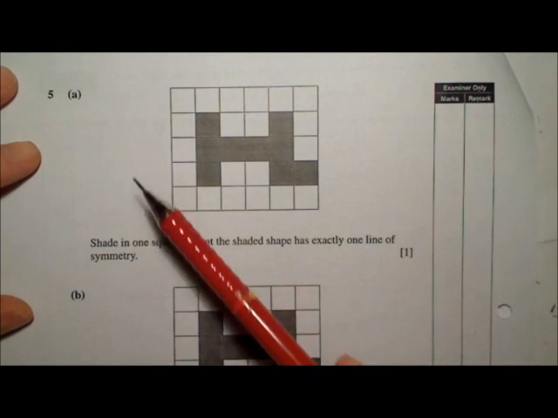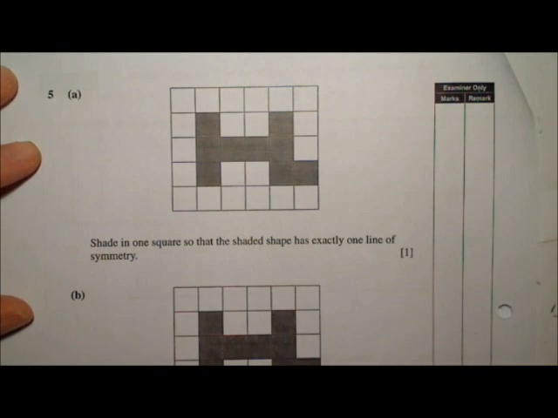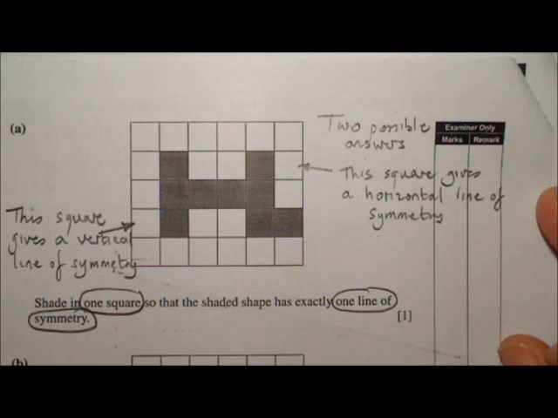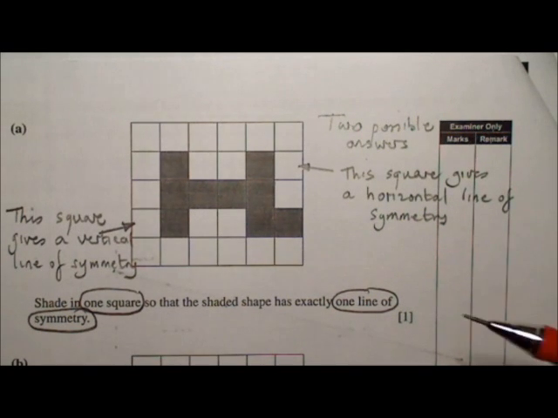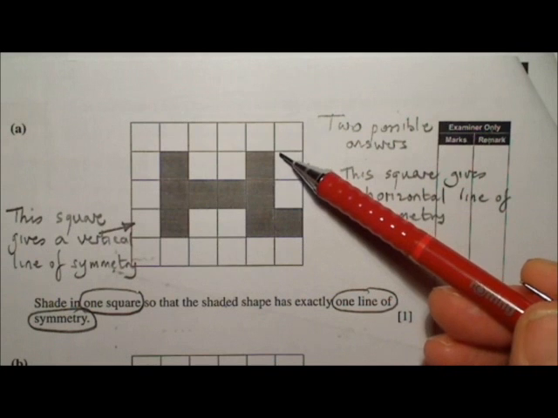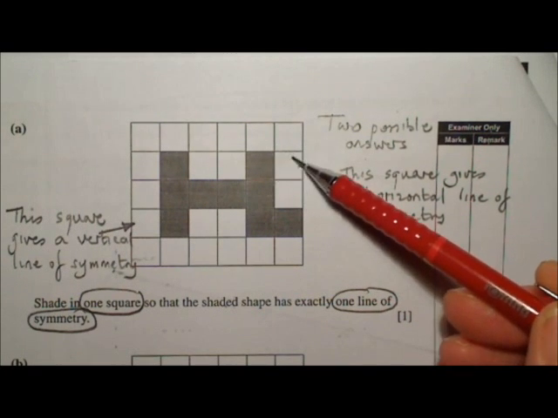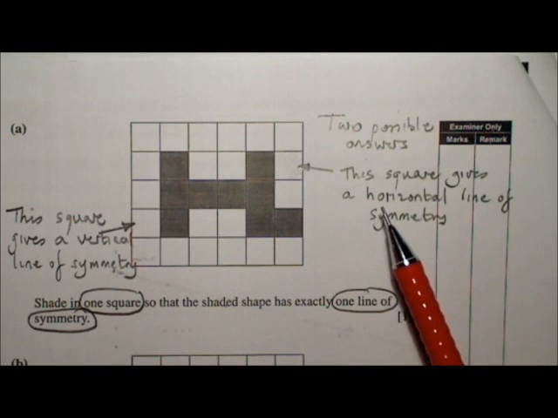Okay, here's question 5a. You have a look at that, and we'll go through it. Okay, so 5a says, shade in one square so that the shaded shape has exactly one line of symmetry. Right, there's two possible answers here. If you shade in this square here, then there will be a horizontal line of symmetry.